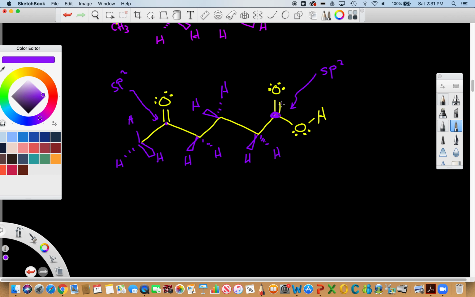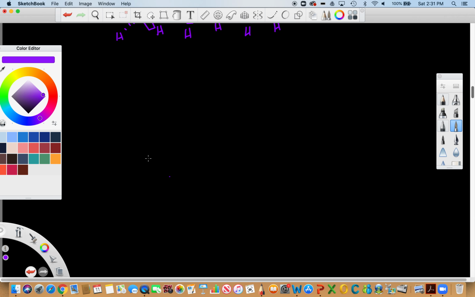And just to review, remember, double bonds always have one sigma and one pi bond. So if we drew a compound with a double bond, well, what do we know? This is CH3.